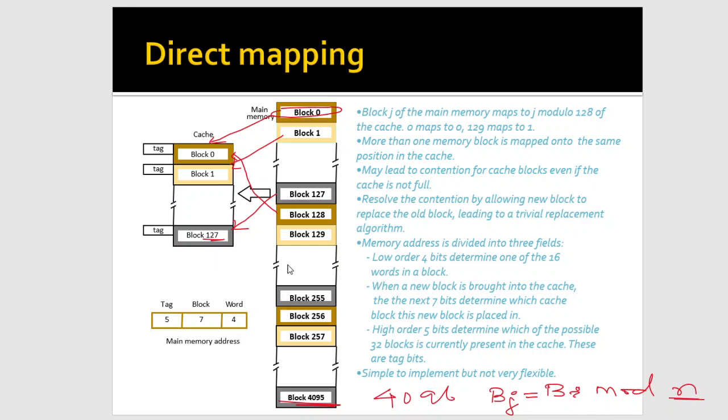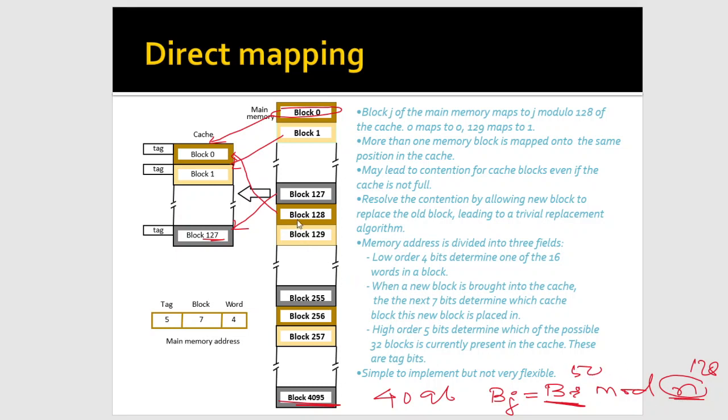So if I consider this typical example, my value of n is 128, the number of blocks in the cache. Given any block address of the main memory, let's say 50, the corresponding block position in the cache memory is 50 mod 128, which gives the result 50.